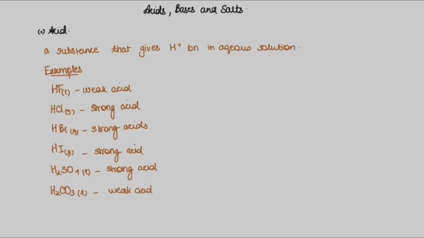Then we have H3PO4 phosphoric acid. It's also a liquid at RTP and it's also a weak acid when dissolved in an aqueous solution. And the last one is nitric acid or HNO3.